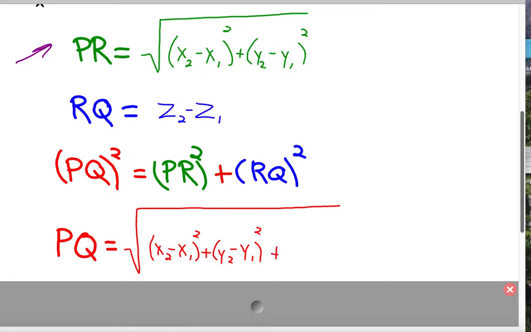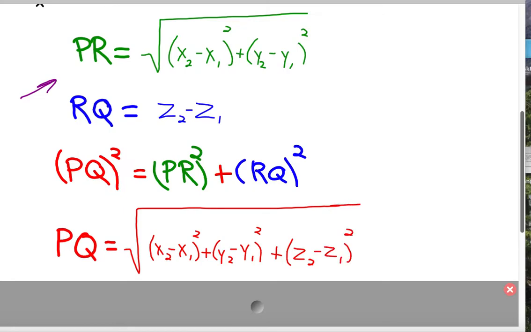And then plus RQ squared, well here's RQ, z sub 2 minus z sub 1, and then I want to square that. So z sub 2 minus z sub 1 squared.